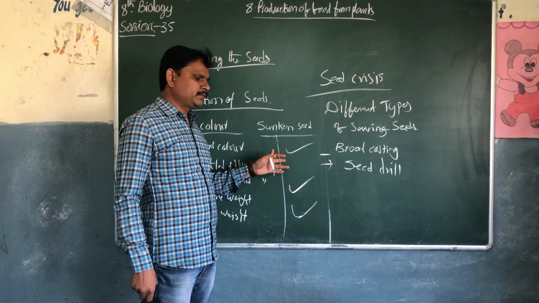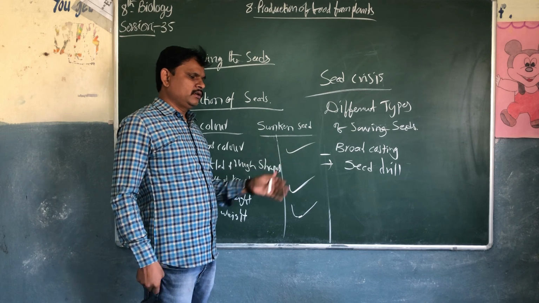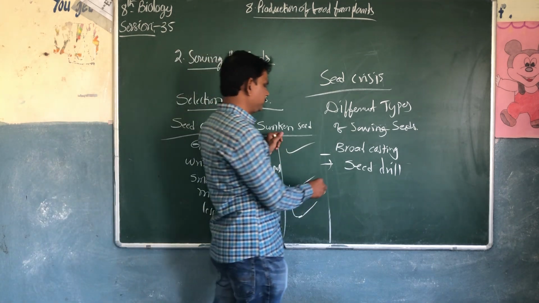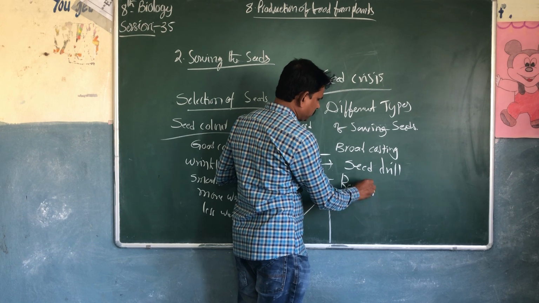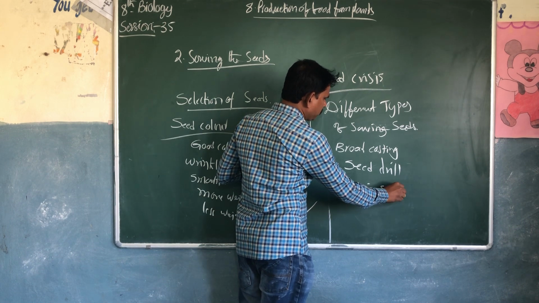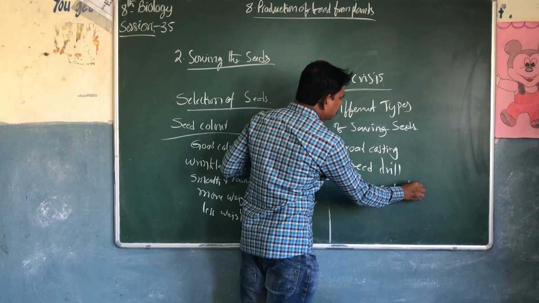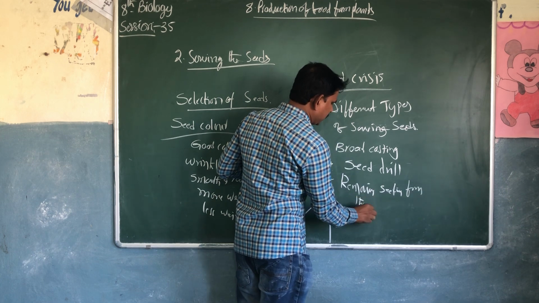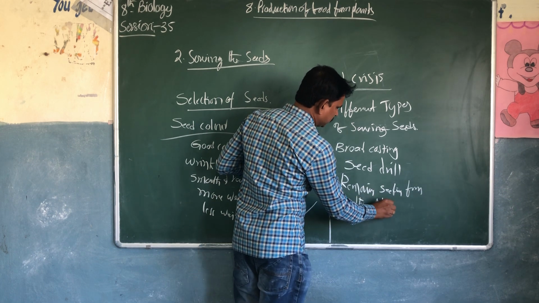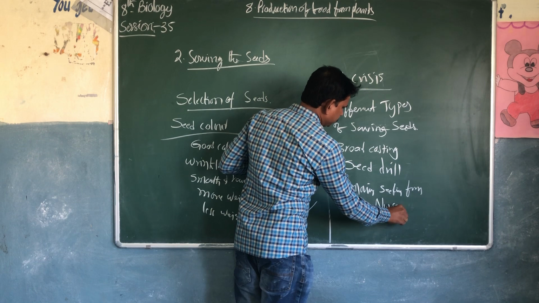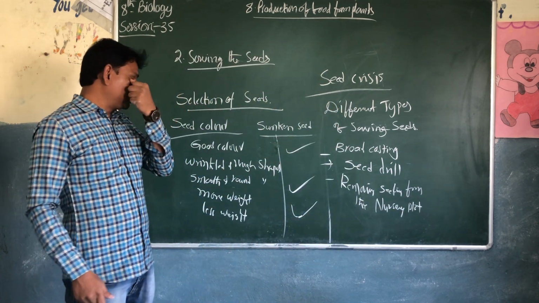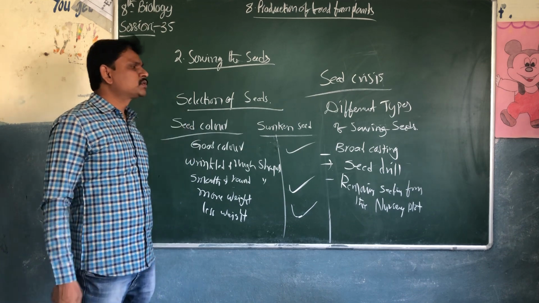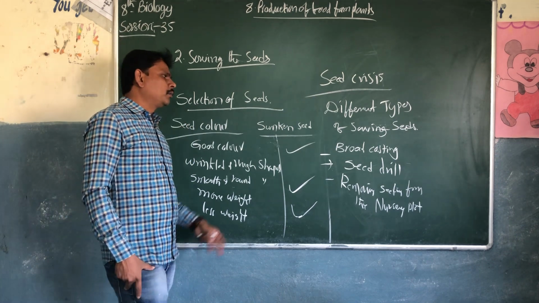Then the next one is removing seedlings from the nursery plants. These are the different types of sowing of seeds.